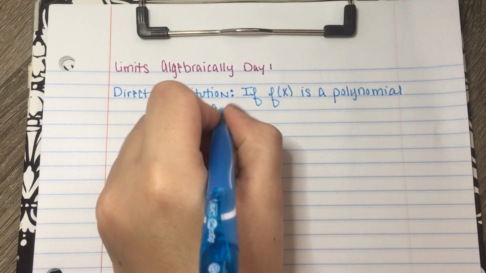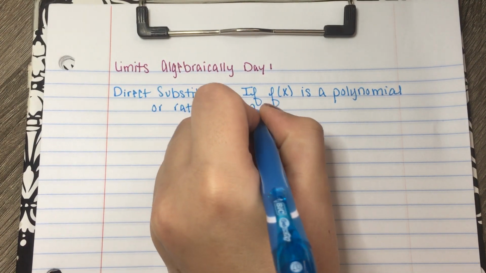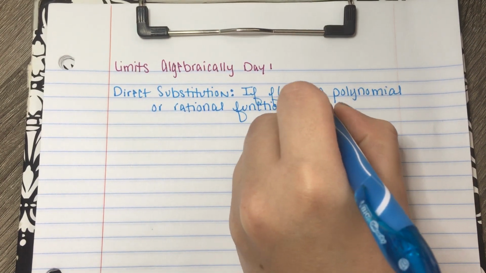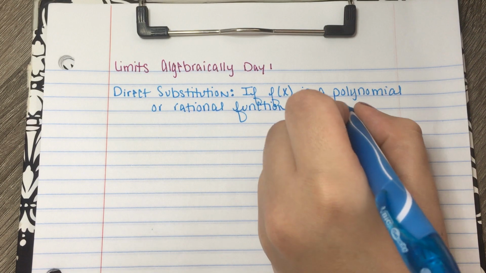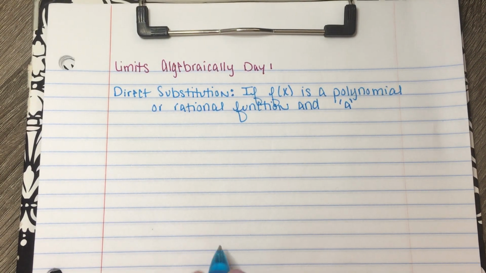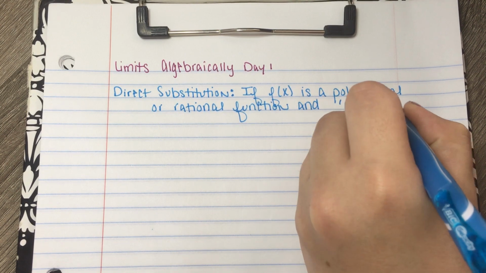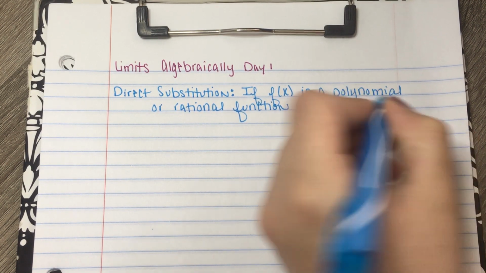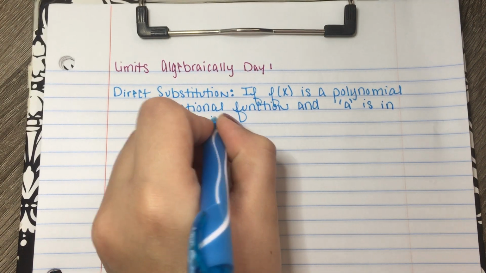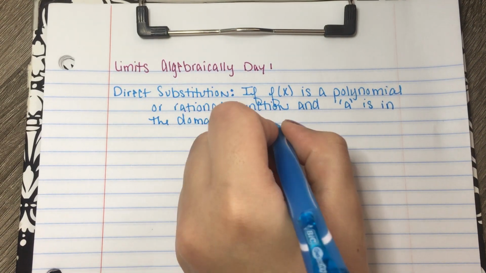A rational function has a numerator and a denominator, and both the numerator and denominator are polynomials. And then we're going to have our a again, the limit as x approaches a, and the only thing here is that a has to be in the domain of that function f.